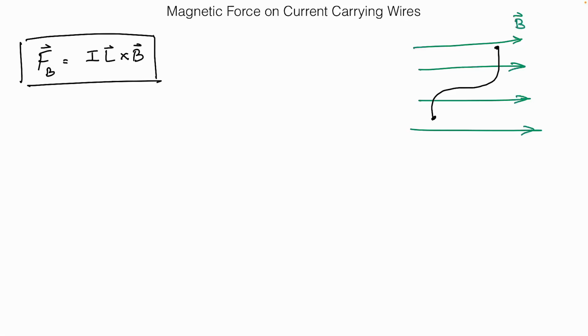I'm going to label these endpoints A and B, and it's got a current that's flowing from A to B. We want to find the net force on this weirdo wire shape in this magnetic field.